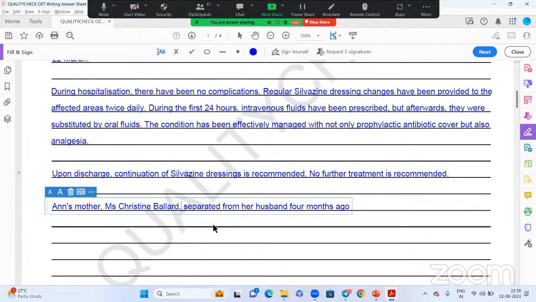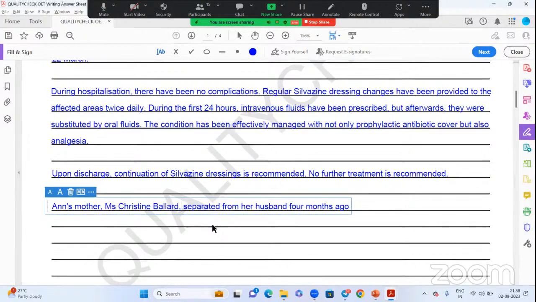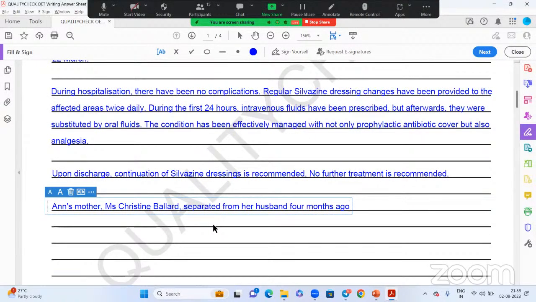Say got separated or separated. Anne's mother separated from her husband 4 months ago. Okay. The next one. Full stop.